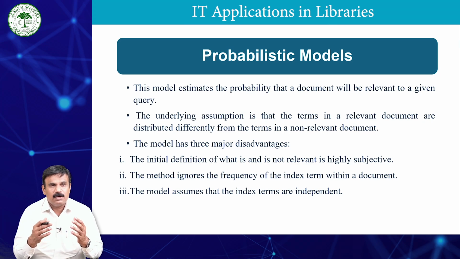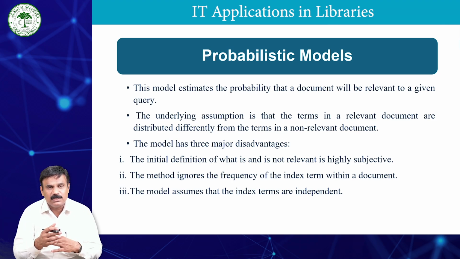If we see the probabilistic models, this model estimates the probability that a document will be relevant to a given query. The underlying assumption is that the terms in a relevant document are distributed differently from the terms in a non-relevant document.